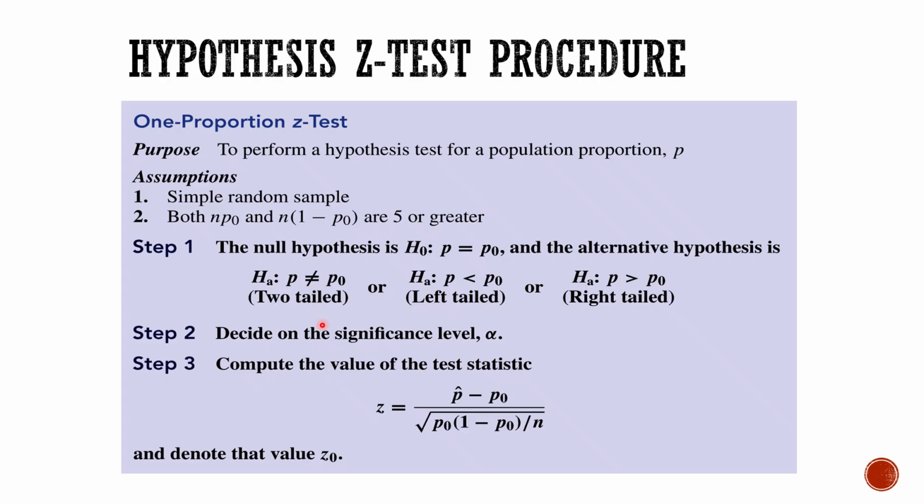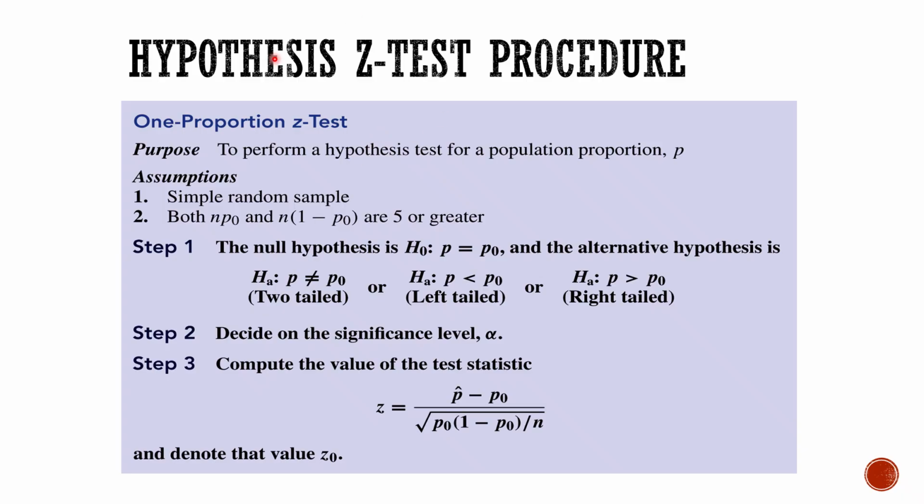Now, this procedure is called the z-test procedure because any study on proportion uses the z distribution. We saw that also when we were learning about the estimation of population proportions using confidence intervals, we use the z-distribution.